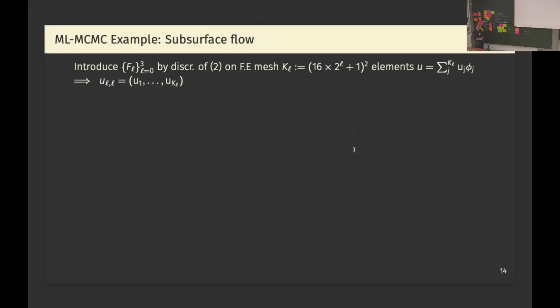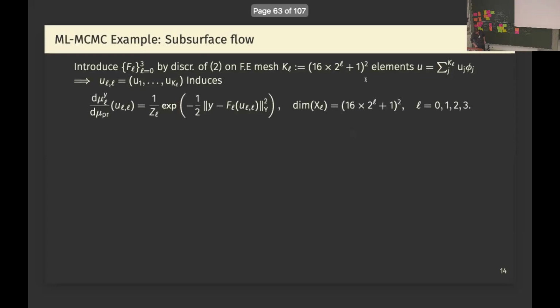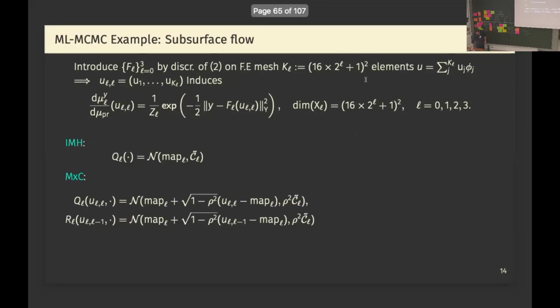To test our methodologies, we introduced 4 discretization levels ranging from L = 0 to 3, each of them with their own finite element mesh given by this, which in turn induces a posterior of this form, where again the prior is a Gaussian distribution.